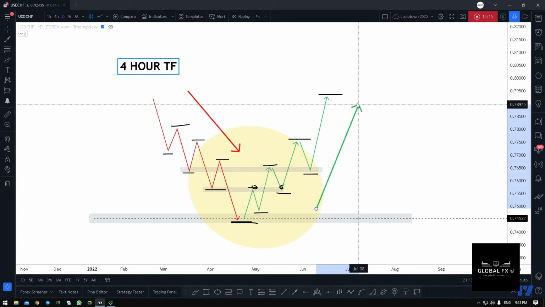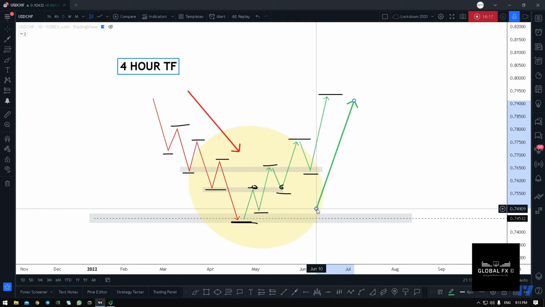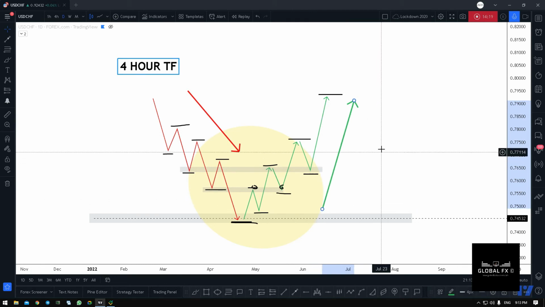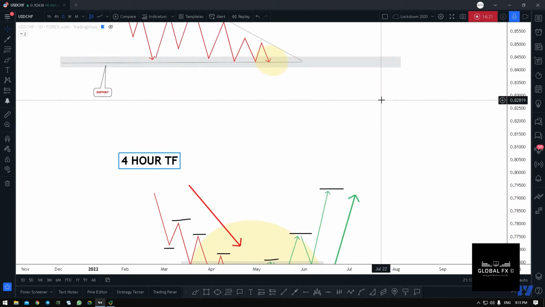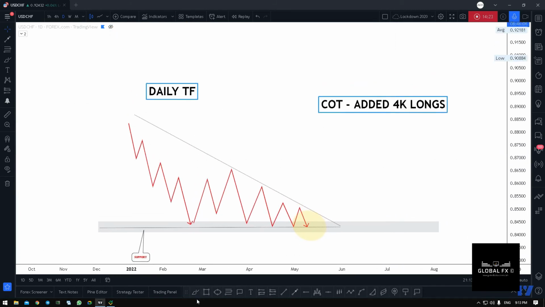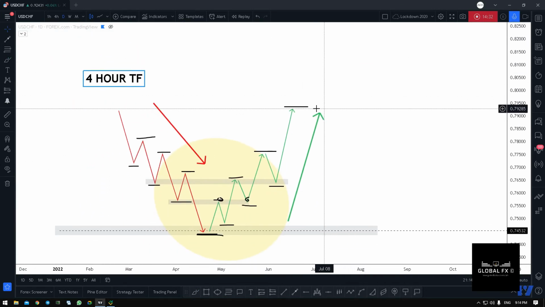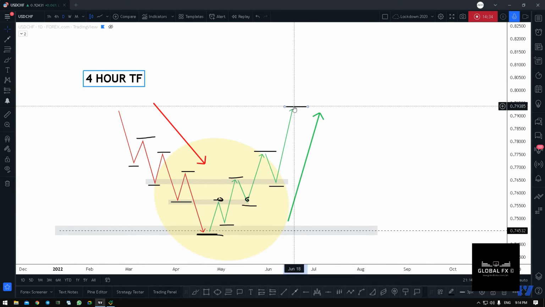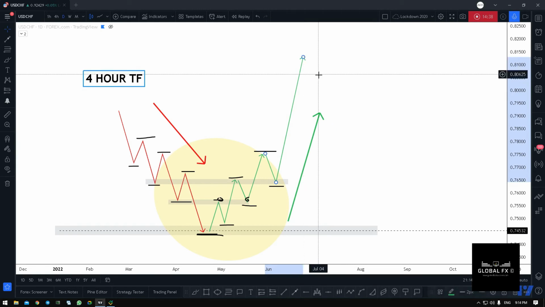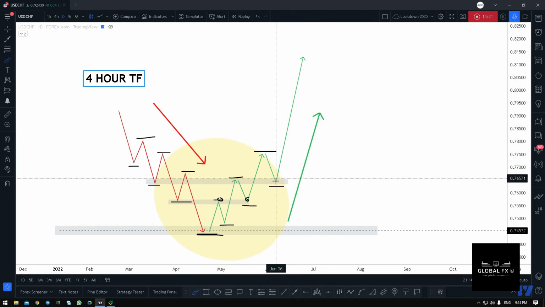so many buy orders. Because if you look at, remember the example here, we have 4K longs added, right? So once the market starts to generate the liquidity and the market starts to grab orders of banks, you will find that the market will start this move.